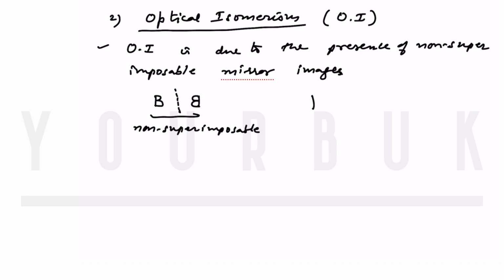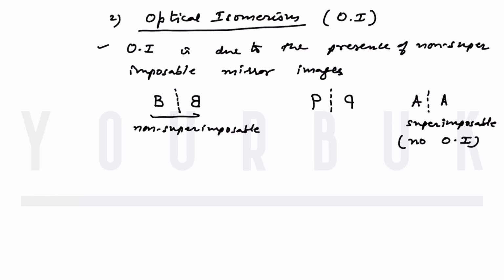Another example is this letter P. Again, the mirror image is not superimposable, but this mirror image is exactly superimposable, so no optical isomerism. Like you cannot wear a left hand glove on the right hand. That is the meaning of optical isomerism.